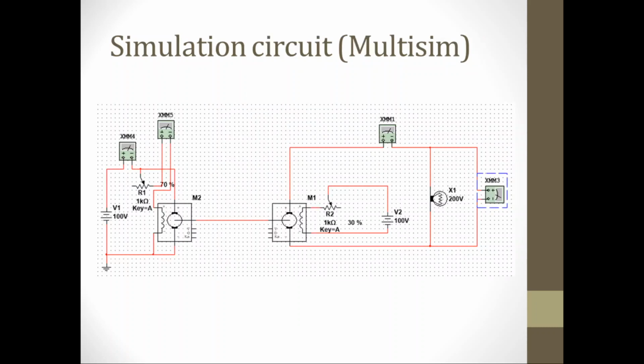For the purpose of simulation, we have here the shunt motor, which is coupled with a DC generator. The DC generator serves as the load to the motor.